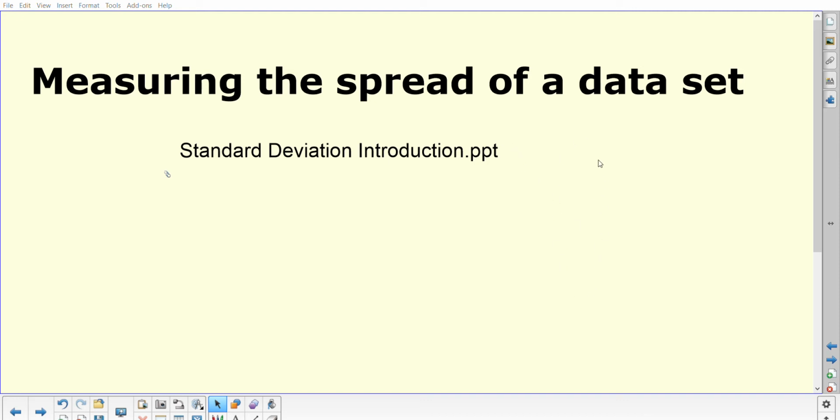Now that results in some negative values and some positive values when we do this. And what we're trying to do is work out what's the average distance that each x is from the mean, and normally we would add those all up and divide by how many.